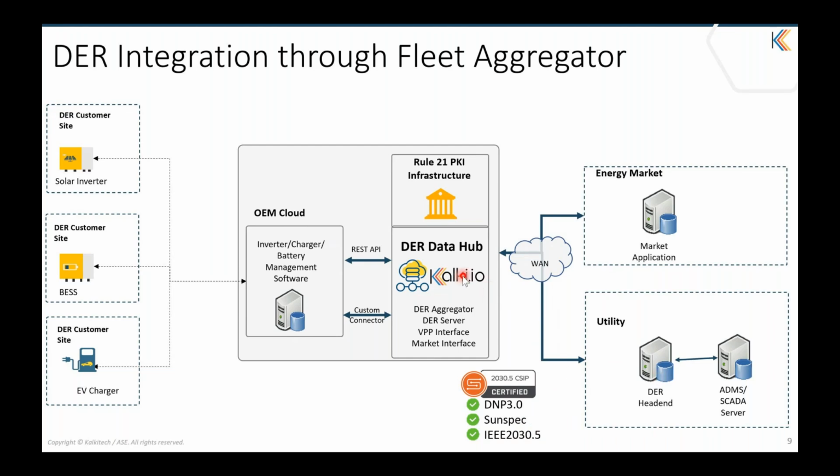The same system aggregator can also be used to integrate with the energy market applications to participate in the day-ahead or real-time market, as well as the ancillary market options. So it serves both utility integration as well as market participation functionality.